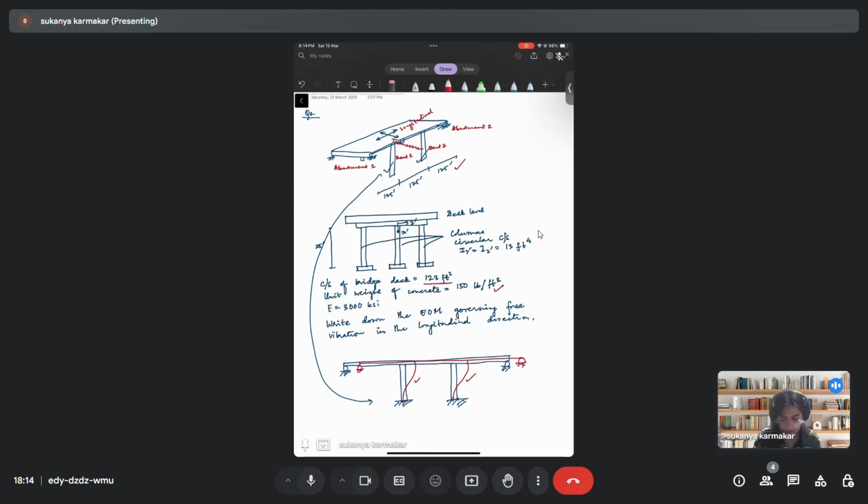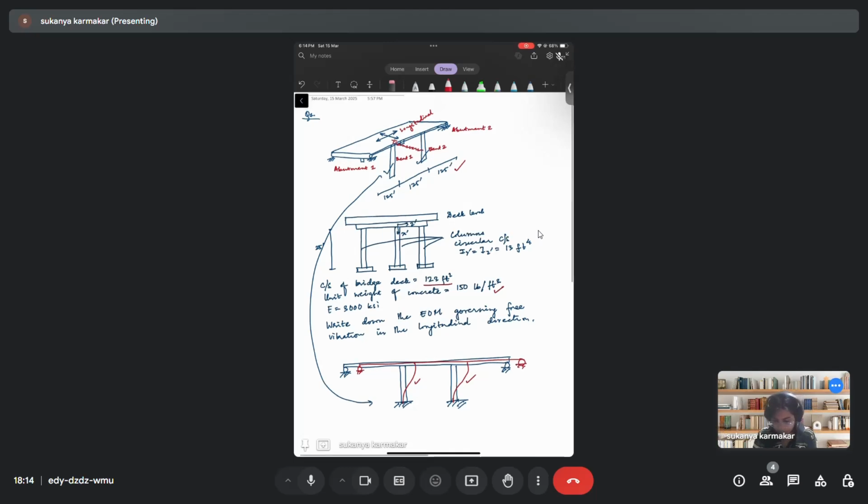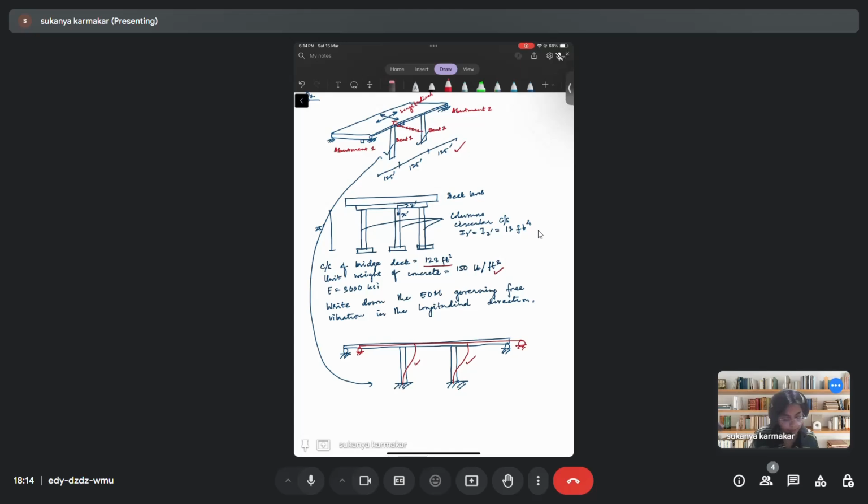The length of the bridge is... I have to calculate the weight per unit length. So weight per unit volume is 150 pound per feet cubed.